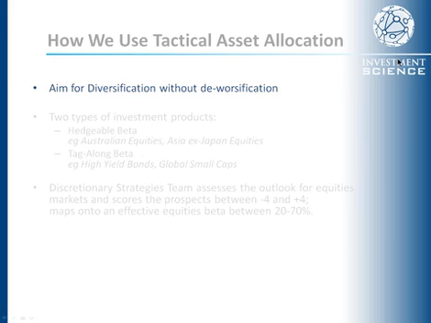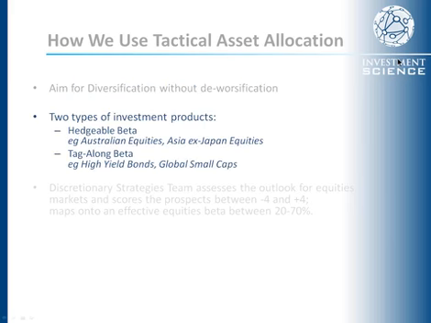So that was an example where we took a view on the small caps and decided to exit. Currently, right now, we think sovereign bonds are a very bad deal, and so we would not be holding any sovereign bonds.